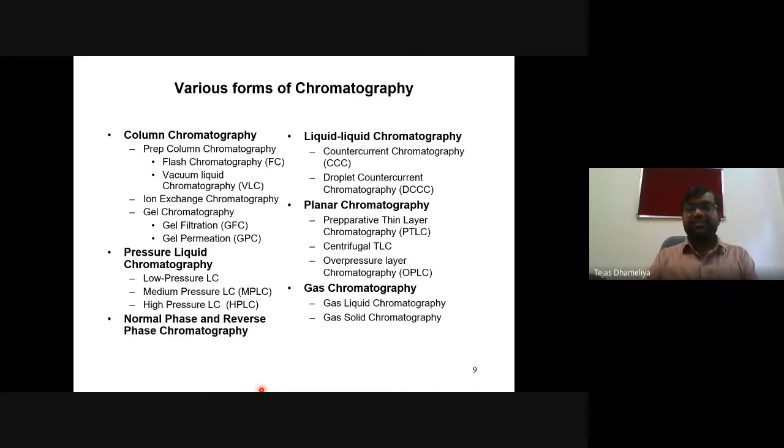Okay, so various forms of these chromatographic techniques are available, whether column chromatography or liquid chromatography techniques, pressure liquid chromatography is also there, and planar chromatography, basically paper chromatography, or sometimes TLC, which were covered here.